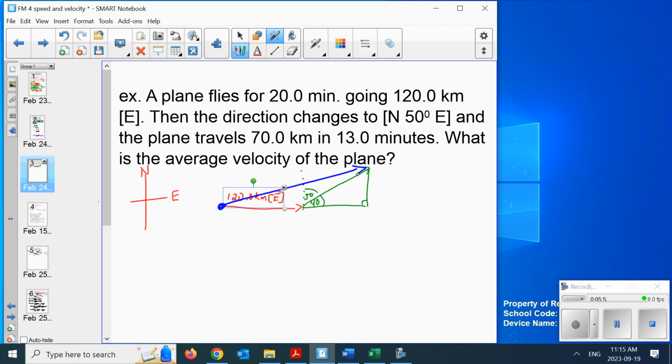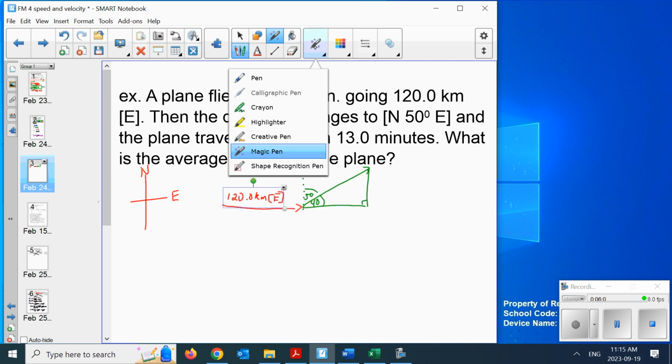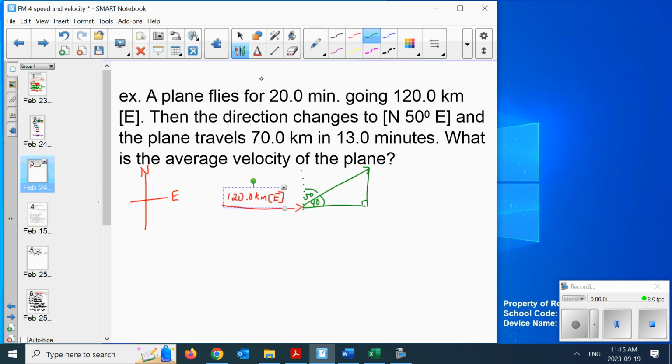You've got to find all of the east and all of the north. So we're going to break this down. I'm going to put it in a T-chart kind of thing. We have the east-west column and the north-south column. Actually, the first vector is all east. But the only trick we have to do is on the green triangle portion.